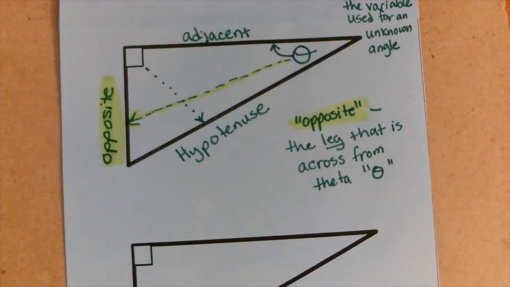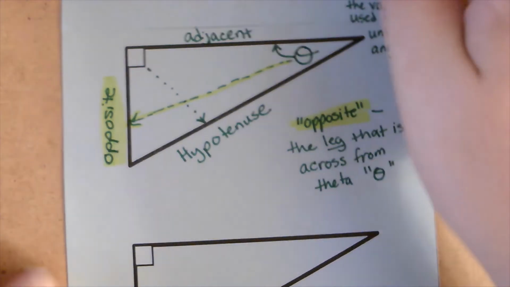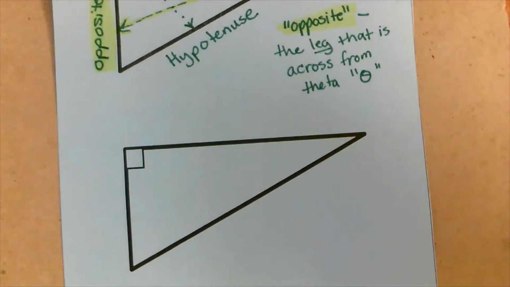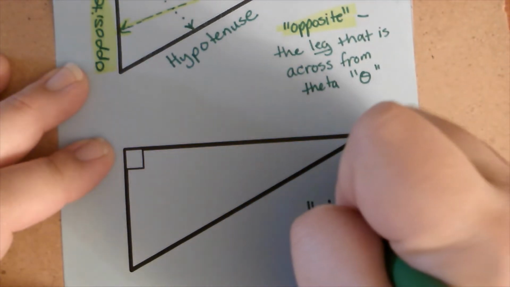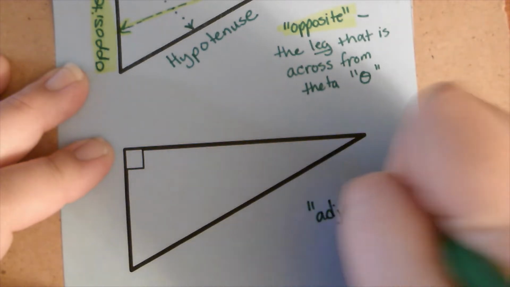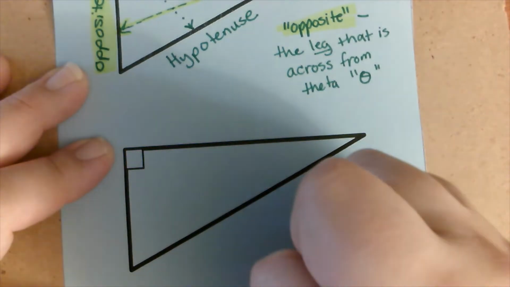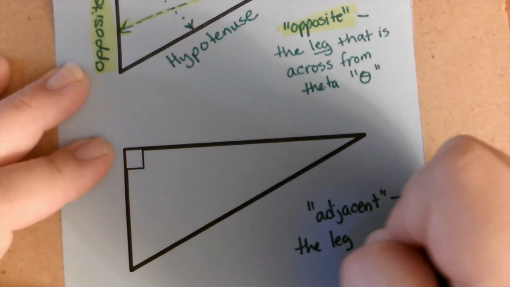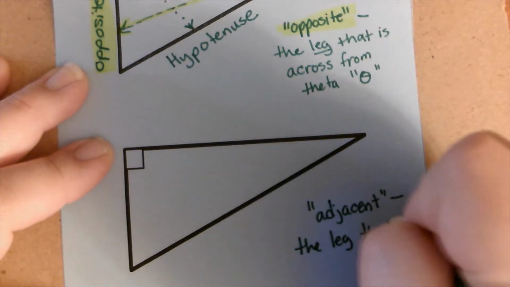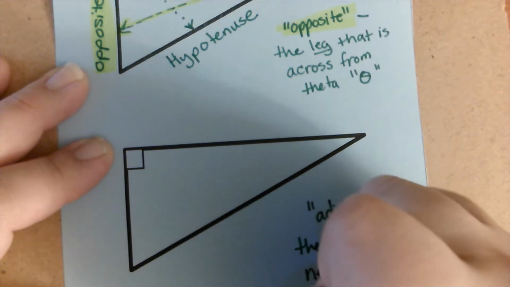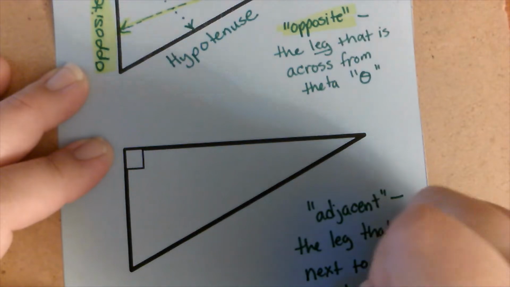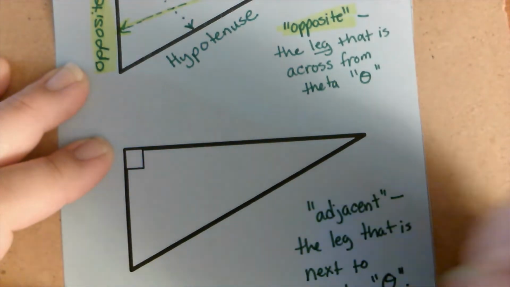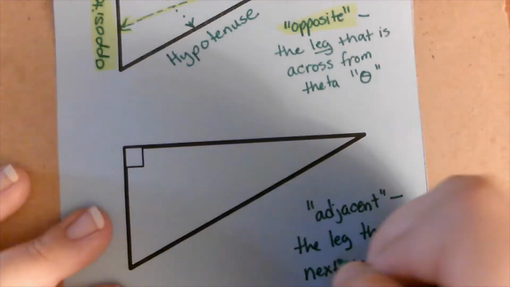Then we have the adjacent side. Adjacent is the leg that's next to theta. Again, this is a leg.